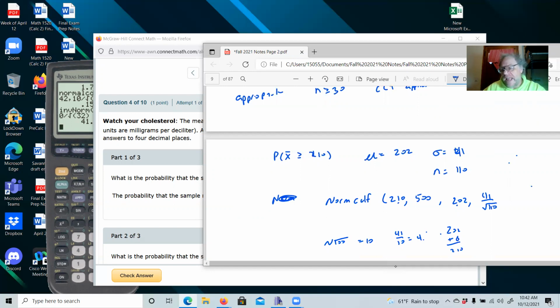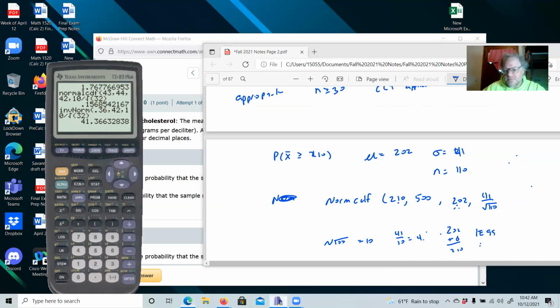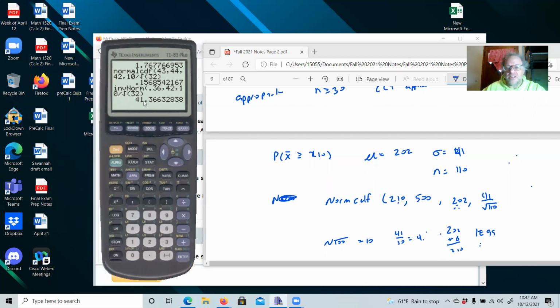You can do 1EE99, but it's unnecessary. All you need is a number far enough away from this average, given how far any one step moves. As long as I'm far enough away from this value, I'm going to get a good upper number. So just be careful with that. Again, you can just type in 1EE99, I just don't like doing it.